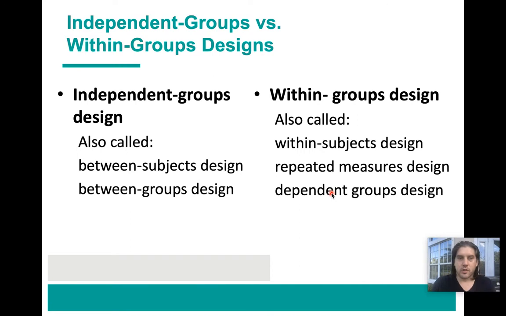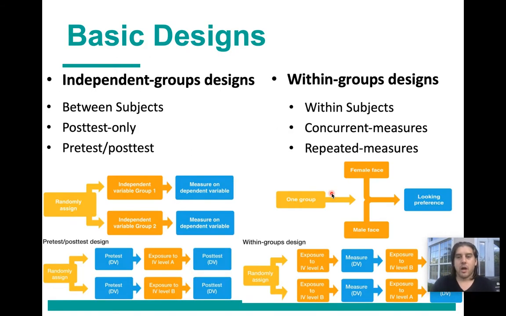So a single group of people experiences the experiment multiple times versus separate groups of people experiencing the experiment once. There are multiple types of designs. We're going to go through the very basic ones here.